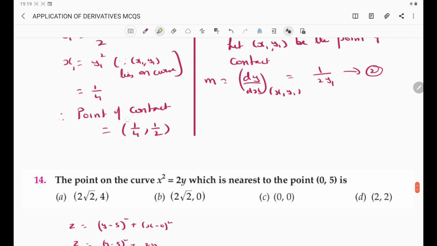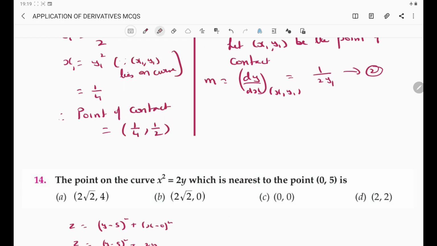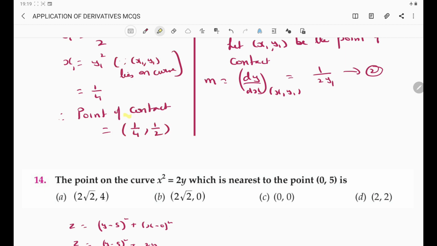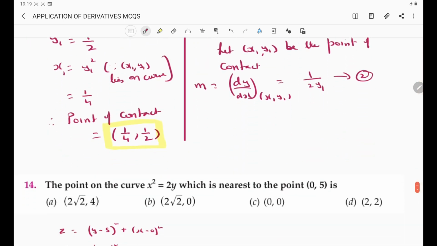So this will be the point of contact, (1/4, 1/2), which is option B. So option B is the right answer.